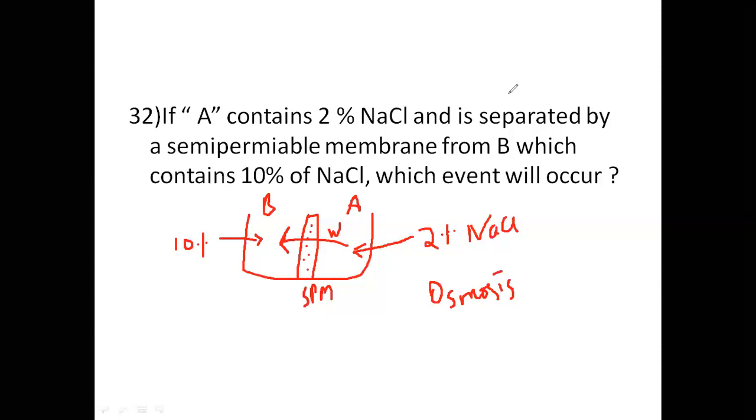Delta TF is equal to 1000 into KF into W2 by M2 into W1.